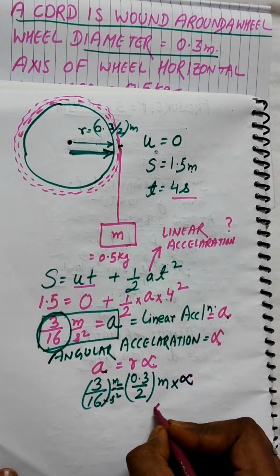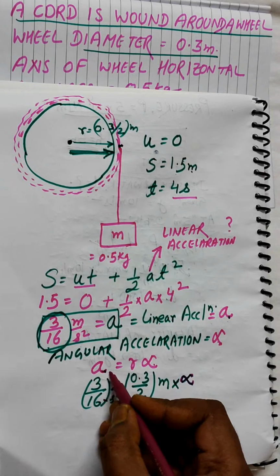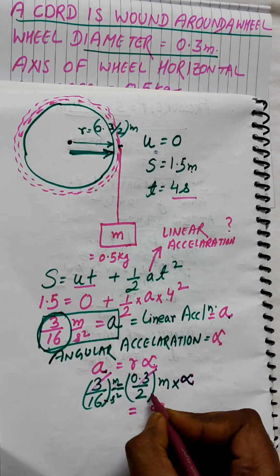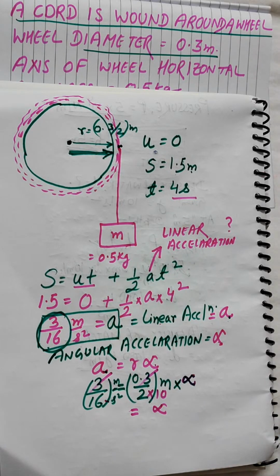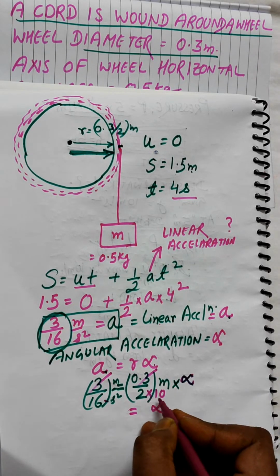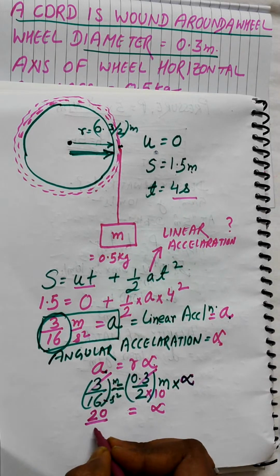Just leave alpha on one side of the equation, and here you can see 3 and 0.3 will cancel, leaving 10 in the denominator of the RHS. So we are with 10 into 2, 20, 20 by 16.